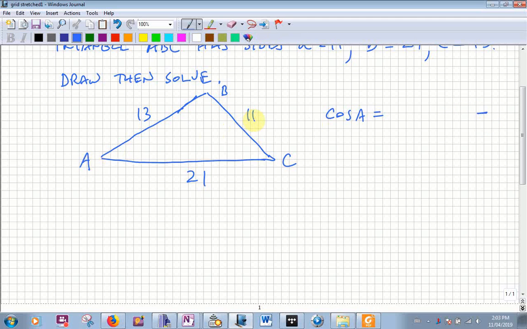It has to be little a. The other two don't matter where they are, 13 squared and 21 squared, but 11 has to be the one on the end, the minus one, because that's opposite angle A. Hopefully you did that on the quiz. Over 2 times 13 times 21, doesn't matter which order.